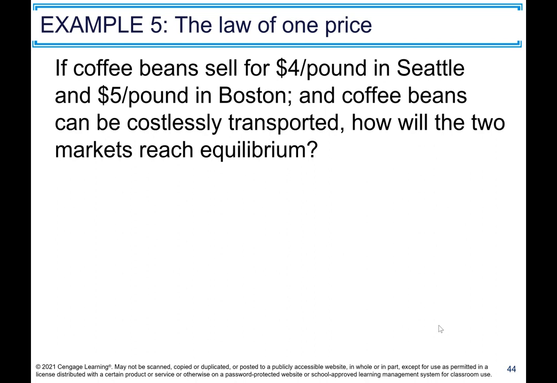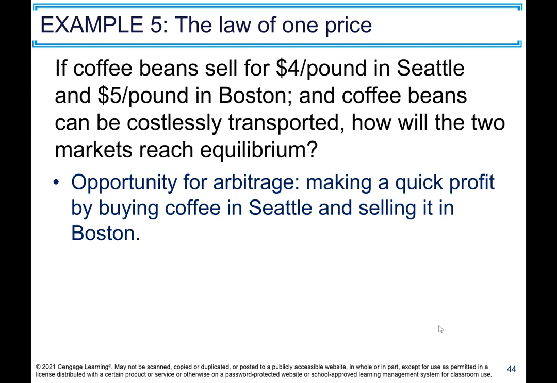Example 5. The law of one price. If coffee beans sell for $4 per pound in Seattle and $5 per pound in Boston, and coffee beans can be costlessly transported, how will the two markets reach equilibrium?